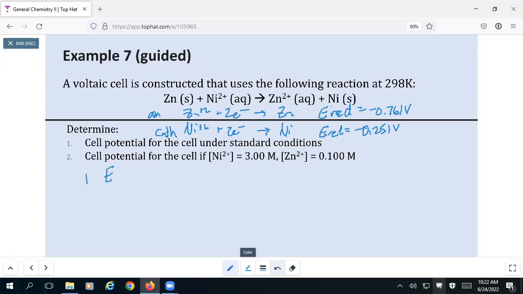So for number 1 here, our standard cell potential would be negative 0.251 volts for the nickel minus negative 0.761 volts for the zinc, which would give us 0.510 volts as our standard potential.